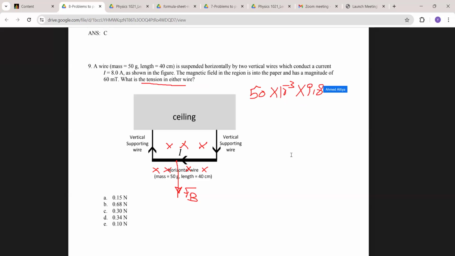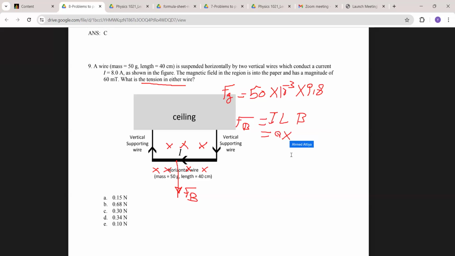This would be the gravitational force, Fg, and Fb would be I L B.